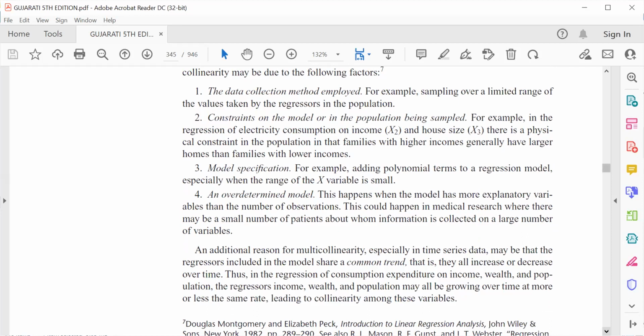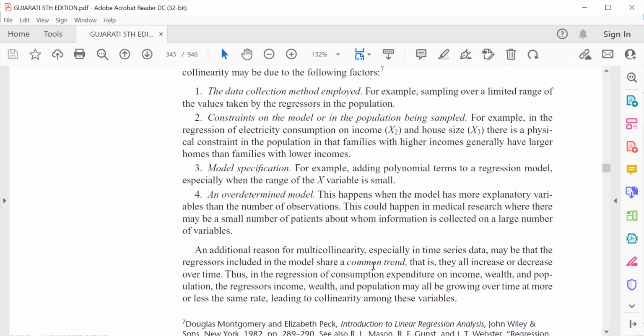For example, we include seasonal dummy variables. We will know that, for example, the demand for certain goods in the winter will be the same for all winter times.